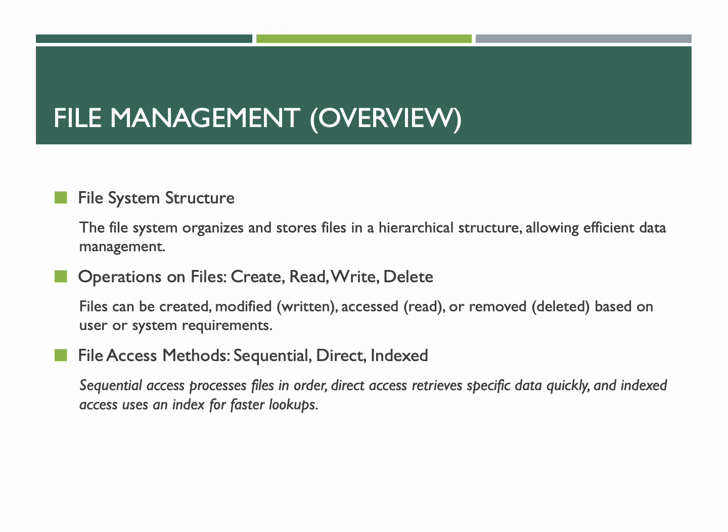Then there is direct access, which retrieves specific data quickly without processing the entire file, like accessing a particular record in a database. Third is indexed access, which uses an index for faster lookups, like a table of contents in a book.